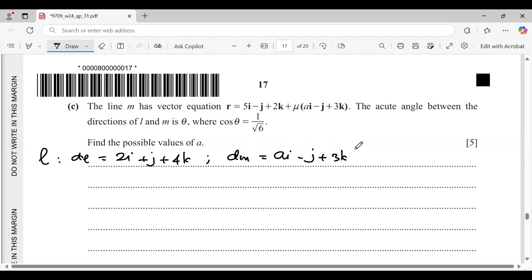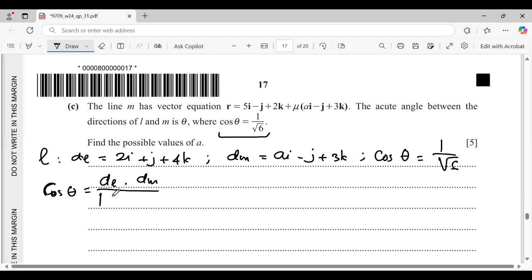The acute angle theta between their direction vectors is, based on this information, cosine theta equals 1 over square root 6. We will use the dot product formula for the angle between two vectors. Cosine theta equals dl dot dm over the modulus of dl times the modulus of dm.